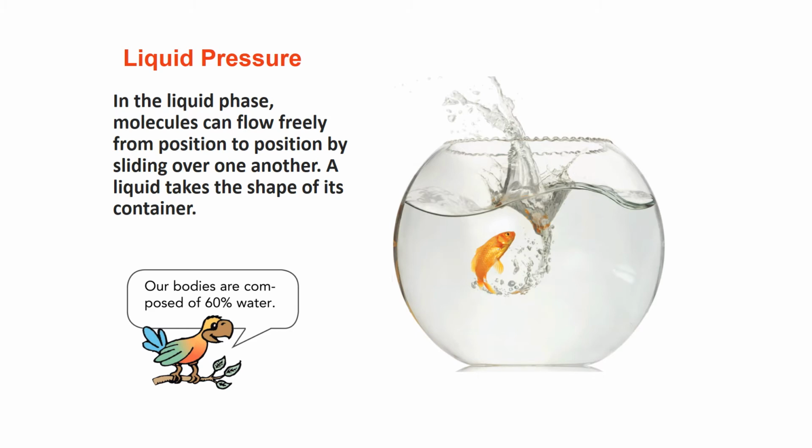So a liquid also takes the shape of its container because the intermolecular distance is not tight, which allows this to happen. Mind you, our bodies are composed of between 60 to 70% water.